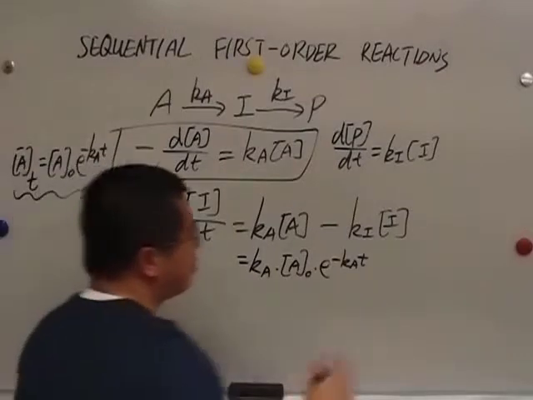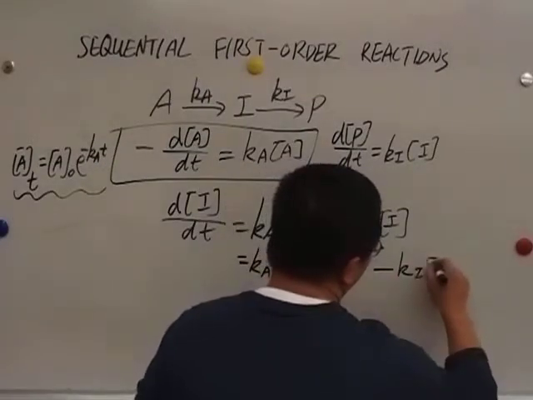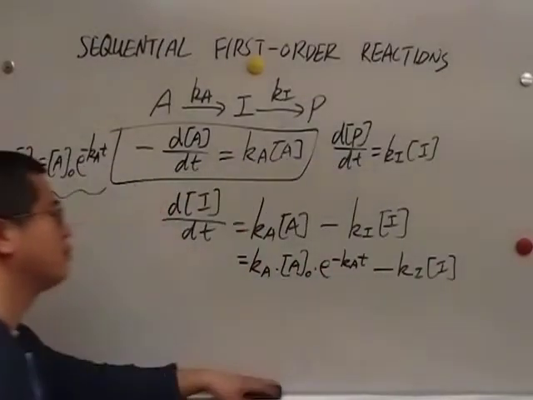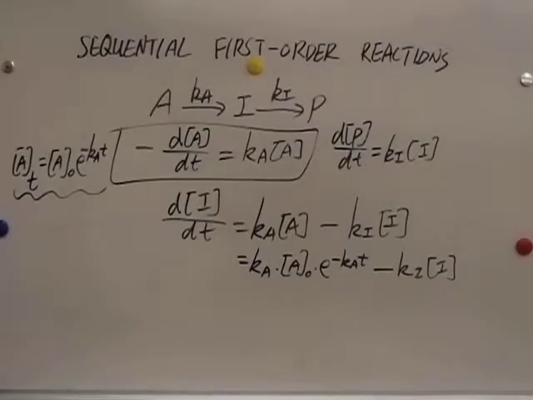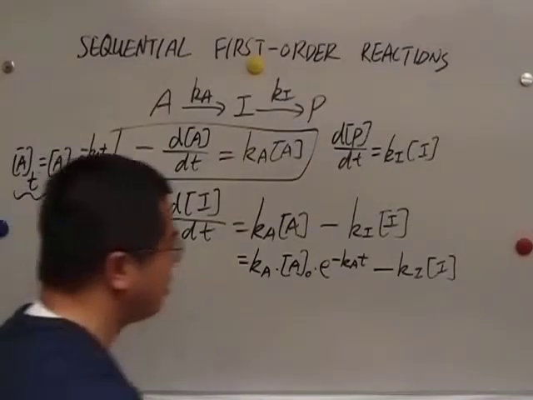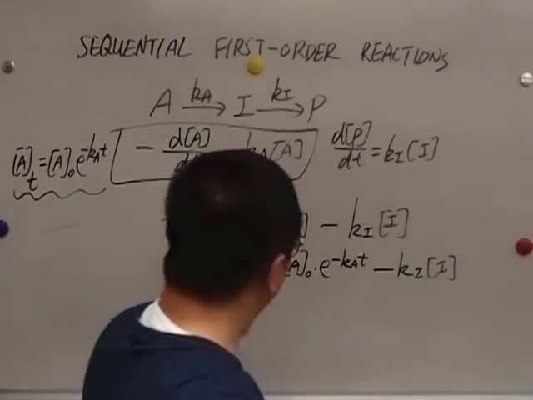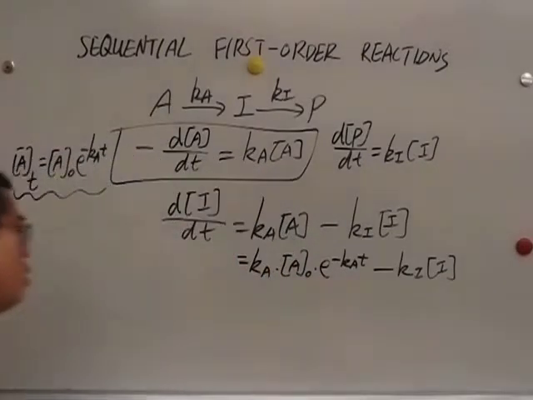And then minus Ki I. Now we have only two variables, I and t. Unfortunately, there's no easy way to separate the two variables.